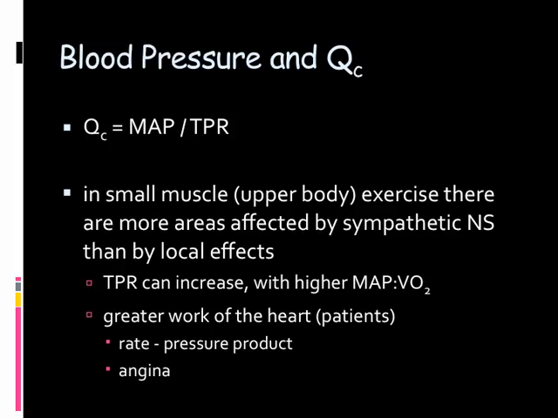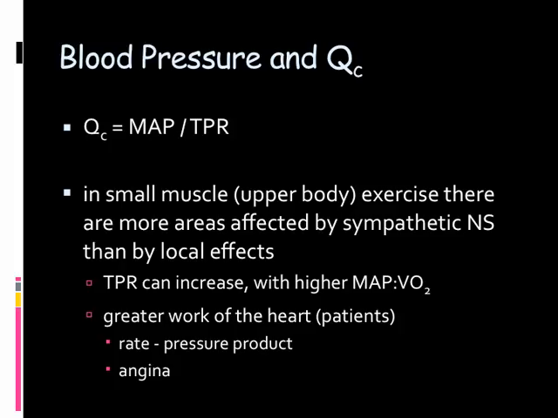And in a heart patient, you might learn that at a particular product, it might be 22,000, the person experiences chest pain. So you say, well, don't get your rate pressure product up this high. Now, the deal is half of that product is pressure.